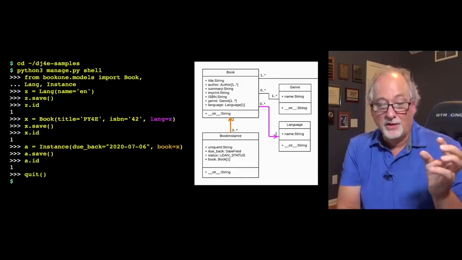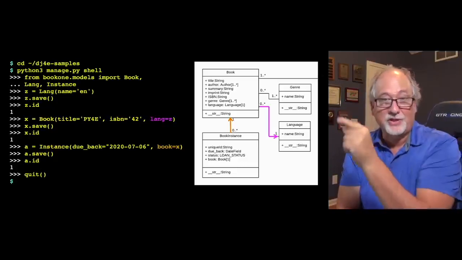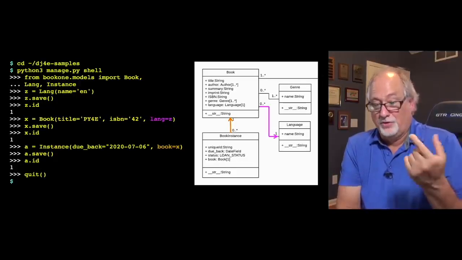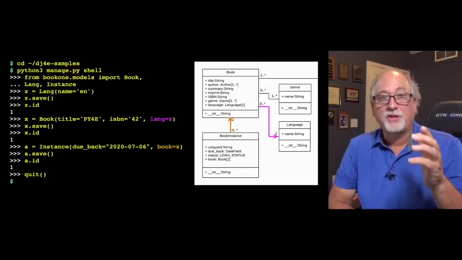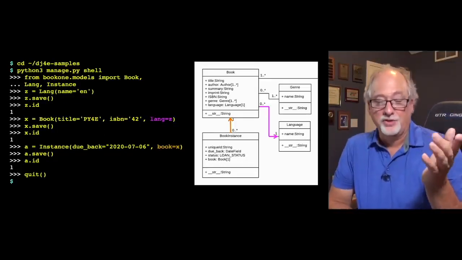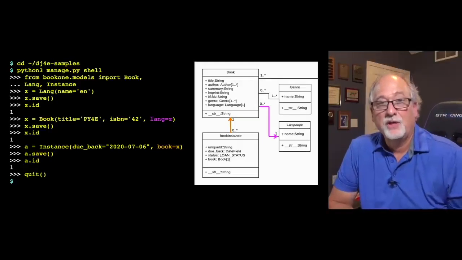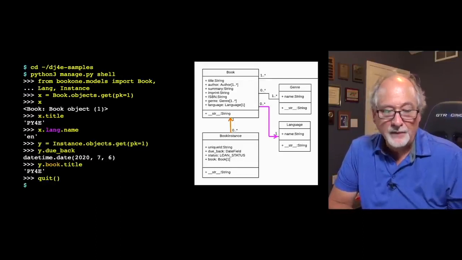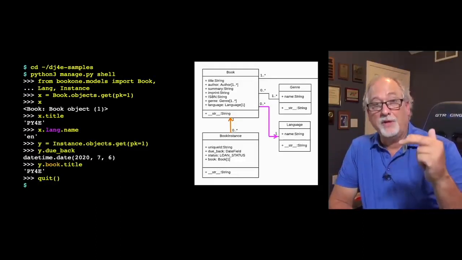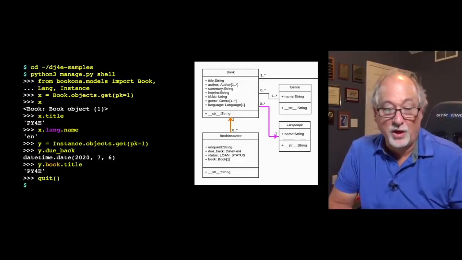You just say, look, I have a book, and its language is this thing. I don't know what its ID is. Please make me a column and do all this magic stuff. So much of the bookkeeping of these one-to-many relationships, or foreign key relationships in general, in Django is just done automatically. Now, we can retrieve these and we can walk through these things.